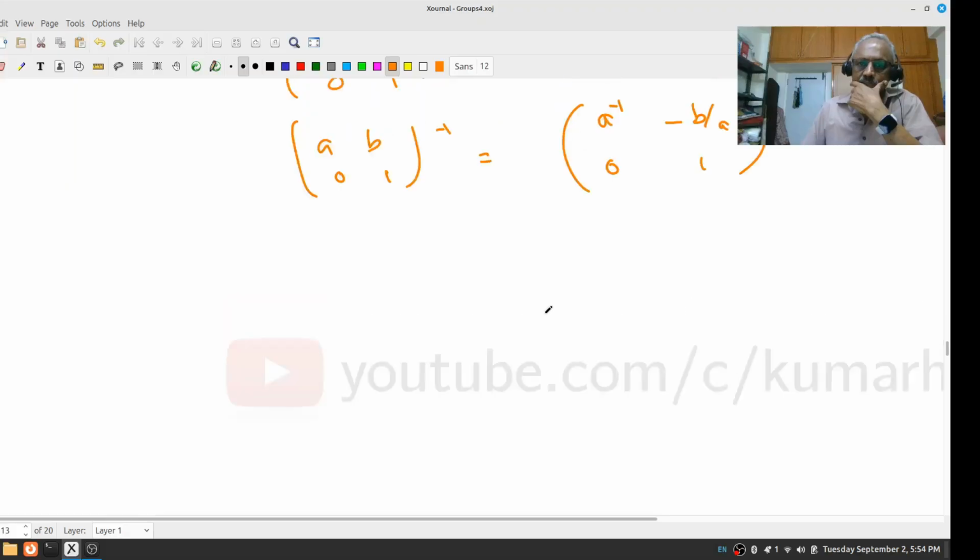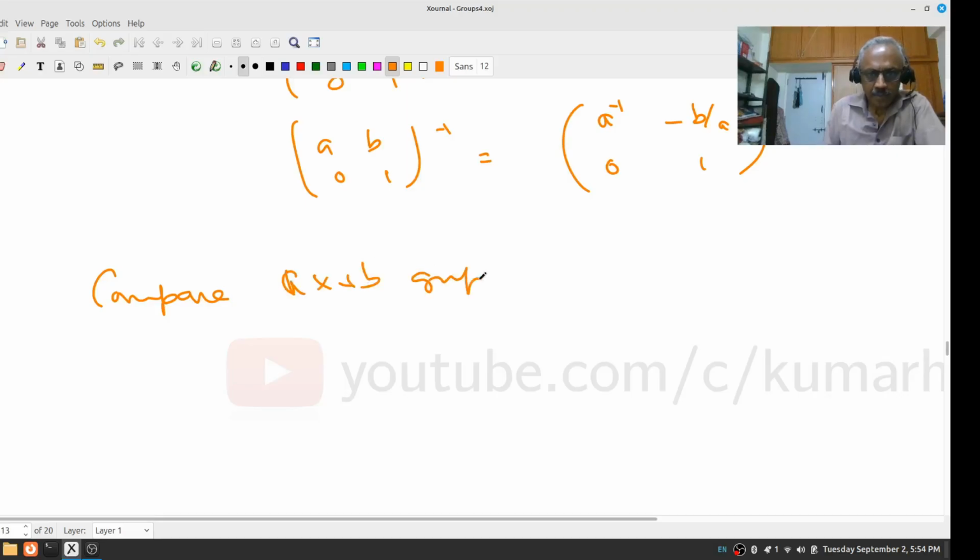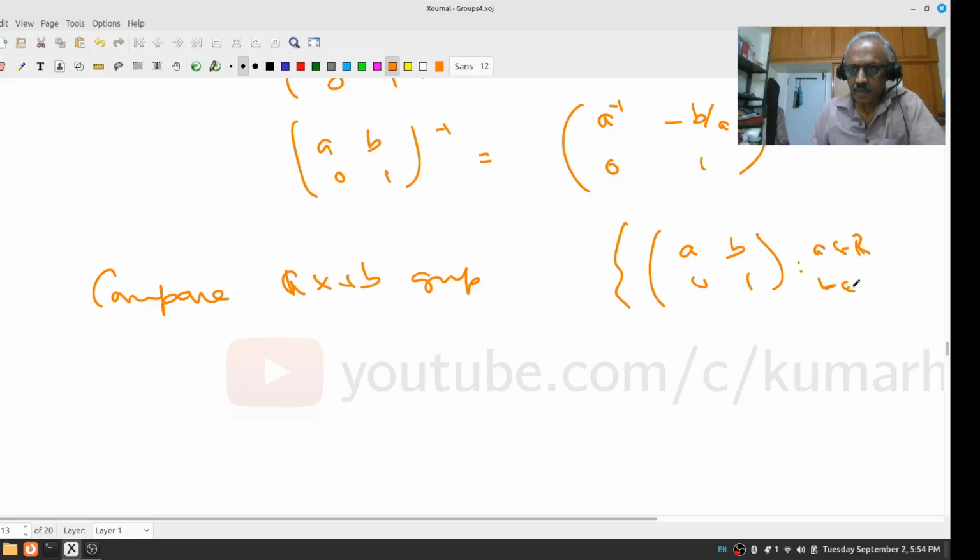Now let's look at what I want. We can compare these two examples: the ax plus b group and this group of matrices A, B, 0, 1, with A in R star and B in R. Any element here is of the form f of AB, but f is completely determined by A and B, where A is in R0 and B is in R, and this is also the same.